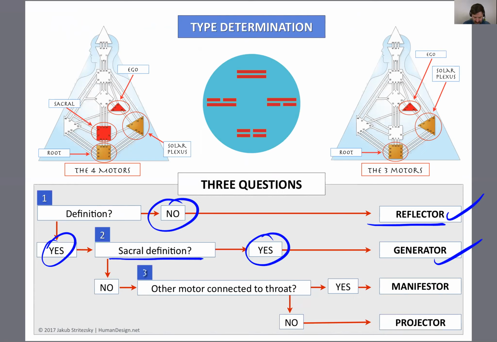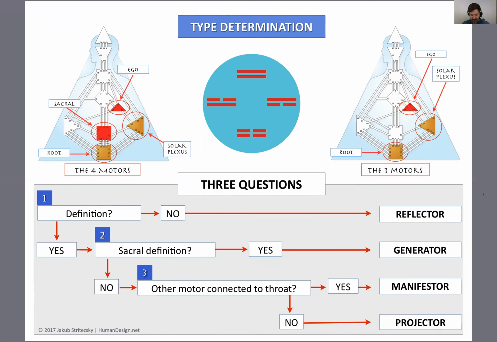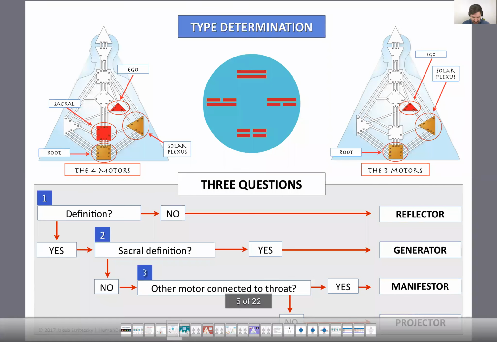And here we come to this question. If there is no sacral center defined, if the sacral is white, not red, then the question is: is there a motor connected to the throat? Now, why motor connected to the throat?